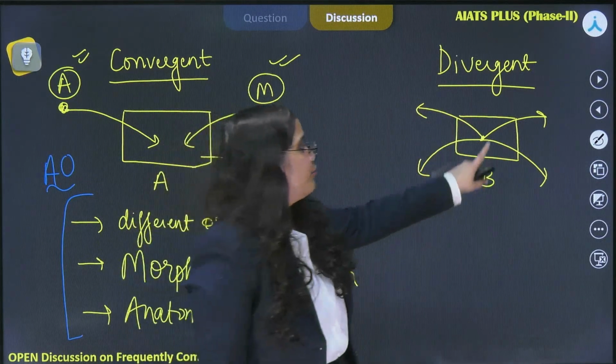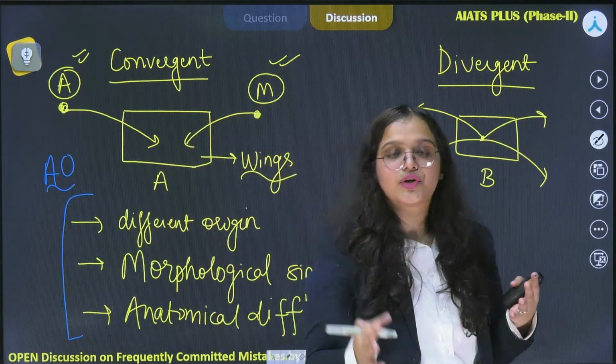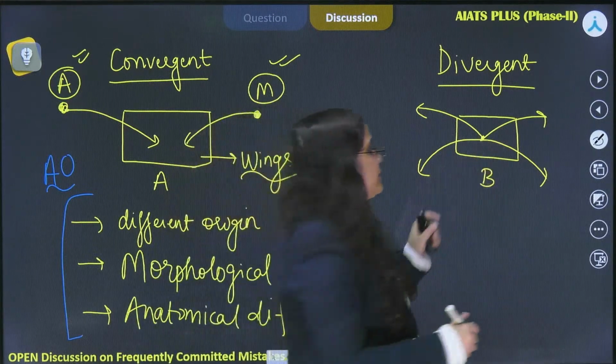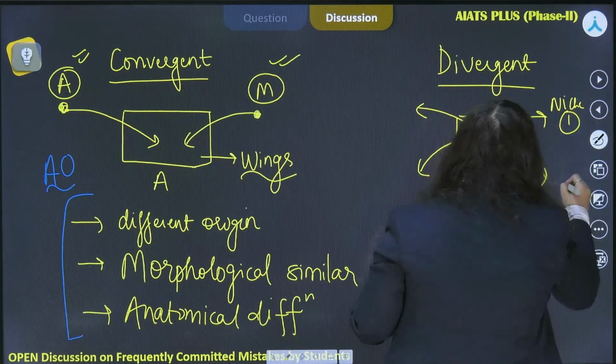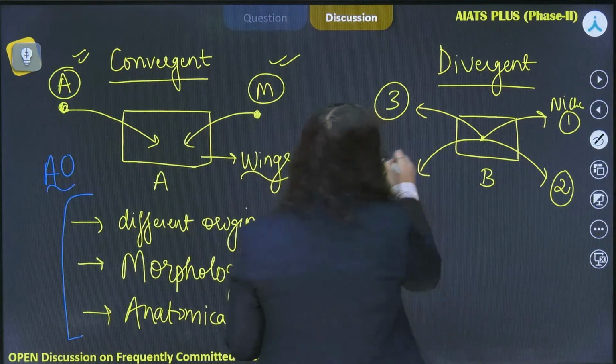And since they started moving out, they began forming different structures or developing different adaptations so that they can survive better in this different niche. Let us suppose this is niche 1, niche 2, niche 3 and niche 4.